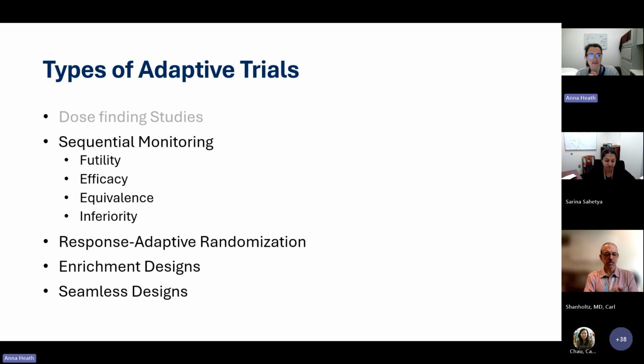And then another key type is this idea of a seamless design, where you can potentially move from different research questions with the same intervention. So maybe you start with a short-term feasibility outcome or even a short-term efficacy outcome. And then as you determine that the intervention does work on that short-term efficacy outcome, we seamlessly proceed into a bigger, more expansive trial with maybe a harder or more long-term outcome.